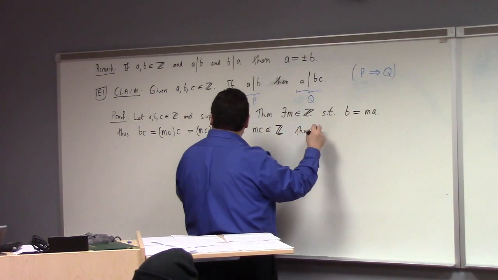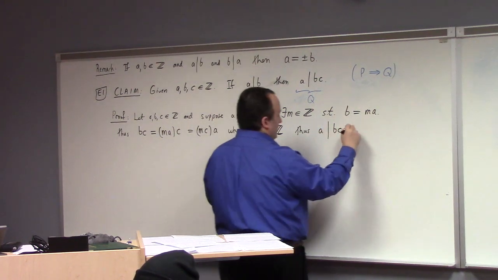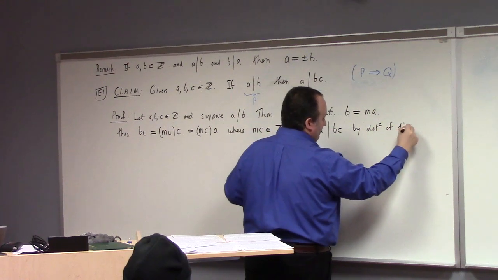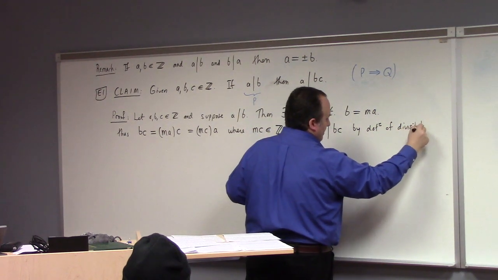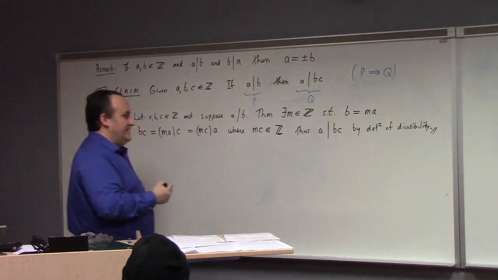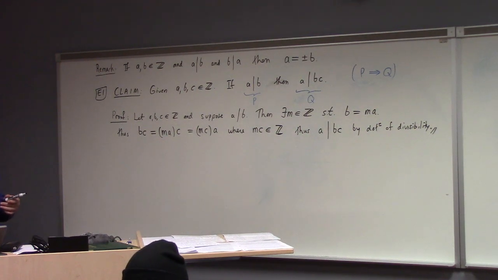And what does this show? Thus, a divides bc, by definition of divisibility. I can't spell, so maybe I spelled divisibility right, it's anybody's guess. My apologies for the spelling mistakes.